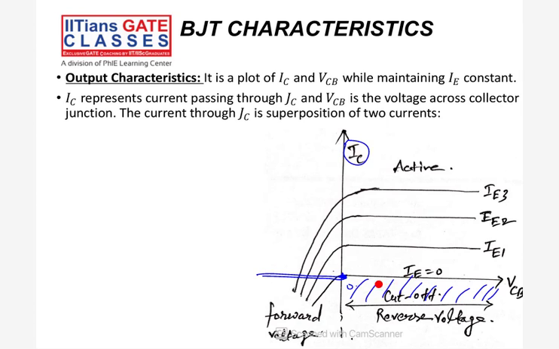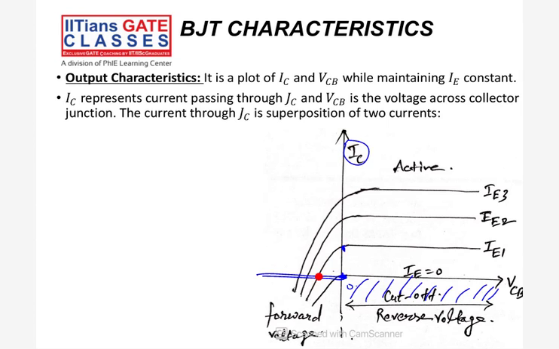Now when I increase IE, what will happen? Charge carriers will be reaching the collector, and I will have some reverse saturation current also. So with the combination of these two currents, I'll get some current here.